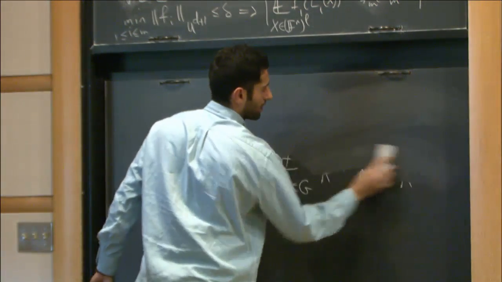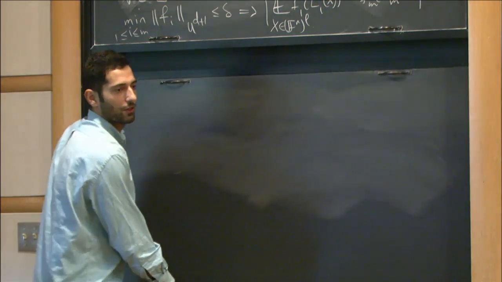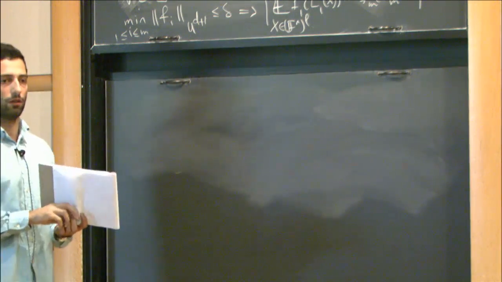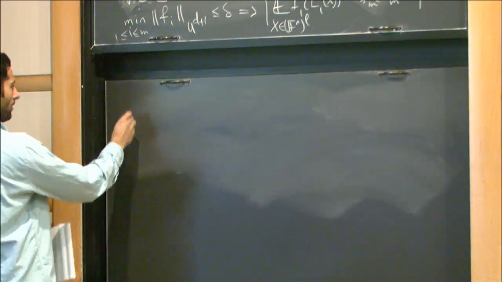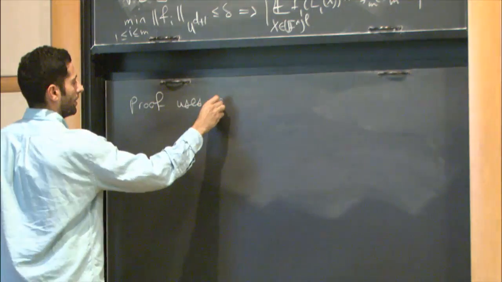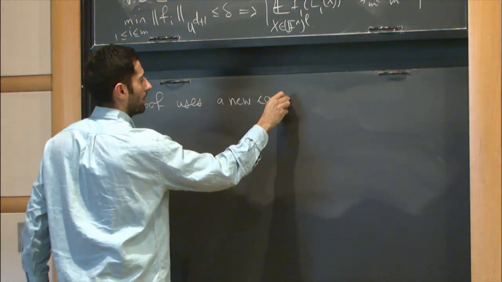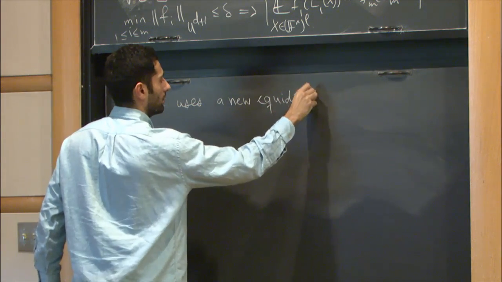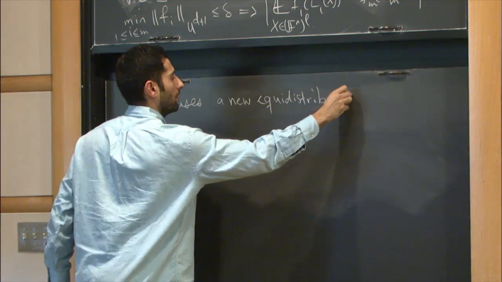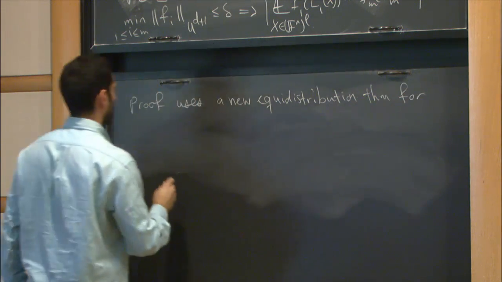And so the proof of this relies on an equidistribution theorem that was also in the title. It uses a new equidistribution result for uniform polynomials.